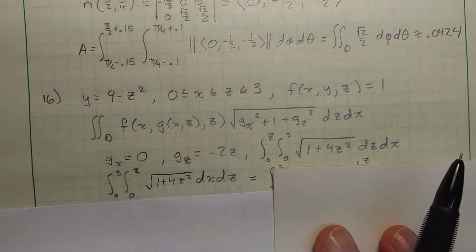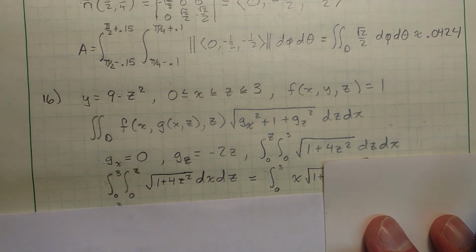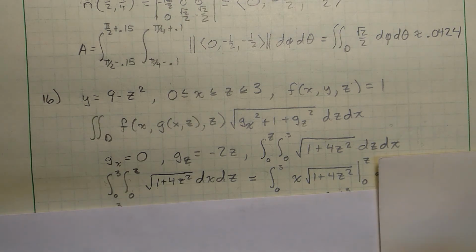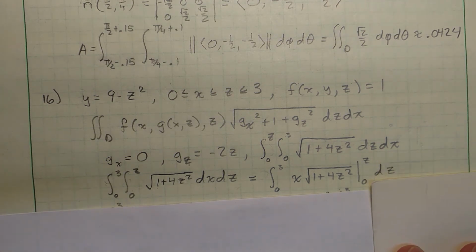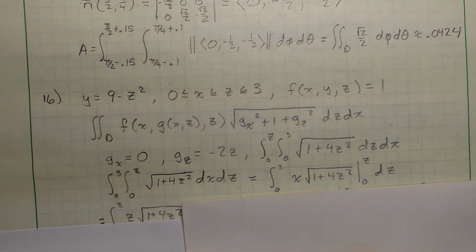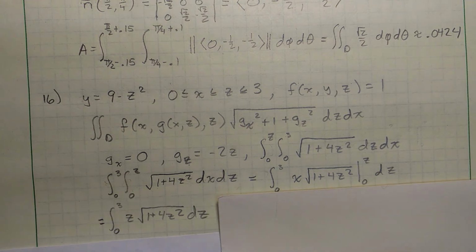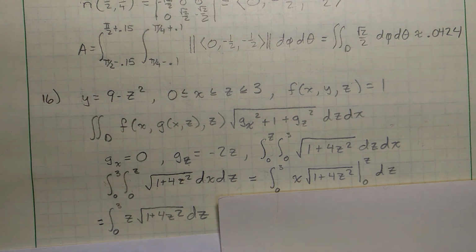This can be treated as a constant and I just get x times that thing treated as a constant, evaluated from 0 to z. Plugging in z for the x, I just get my value here, going from 0 to 3 of z. Now this becomes one that's easy to do with u substitution.